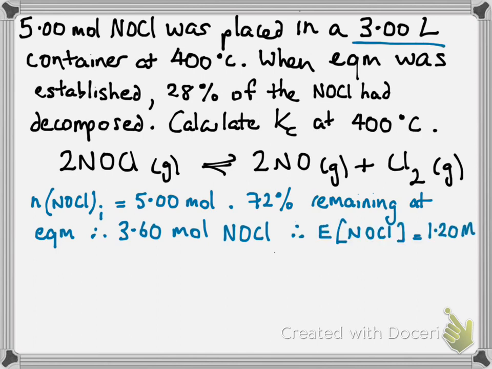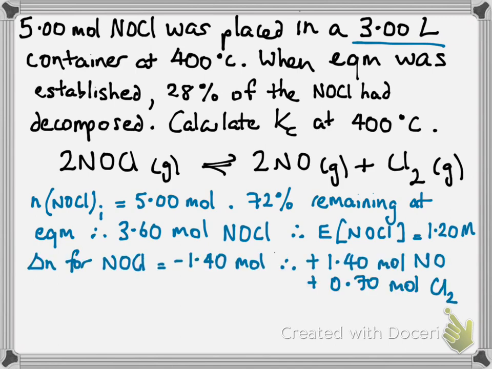So the concentration of that is 1.2 because I've got a 3 litre container, so I'm dividing by 3. The change in number of moles of N2O4 is minus 1.4. I need to go from 5 down to 3.6. Therefore, the nitrogen oxide has gone up by 1.4 because they're in the same ratio, and chlorine has gone up by half of that, or 0.7.